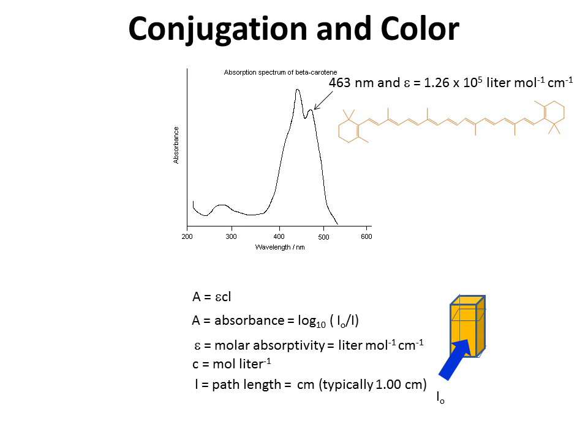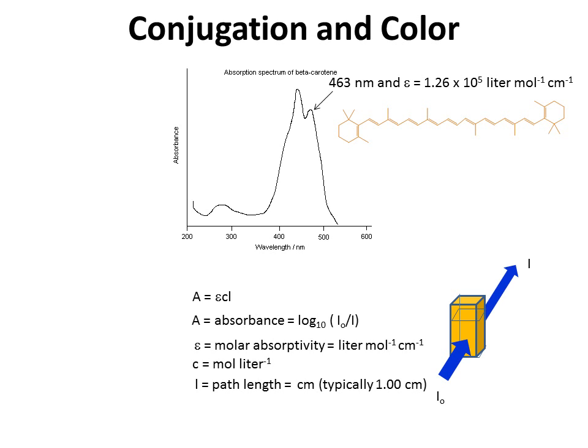In the case of beta-carotene, our spectrophotometer would be set to emit blue light, that's I naught, so that's the incoming blue light, at our cuvette, the little square container, which has a solution of the orange beta-carotene.